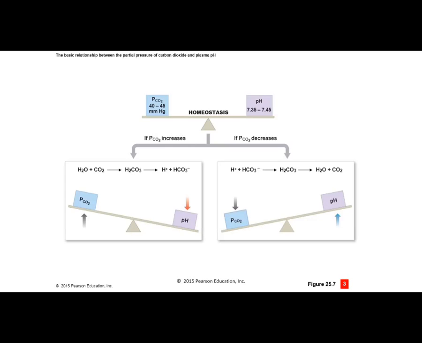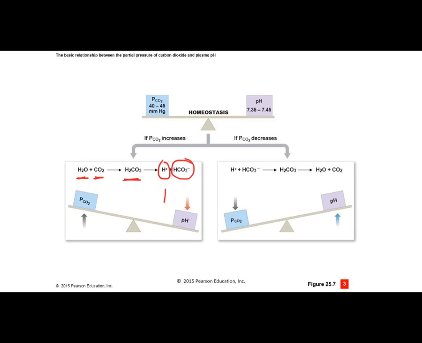I want you to appreciate this equation, though, a little bit more. So water plus CO2 can combine to make carbonic acid. We've said that before. But then that carbonic acid can break down or dissociate into hydrogen and bicarb, HCO3 minus, bicarbonate ion. And as you see, what happens? What do we know?